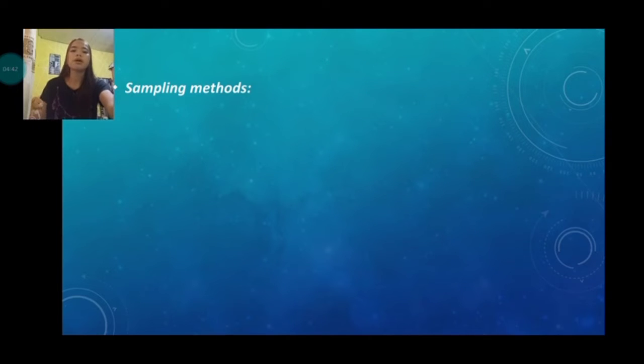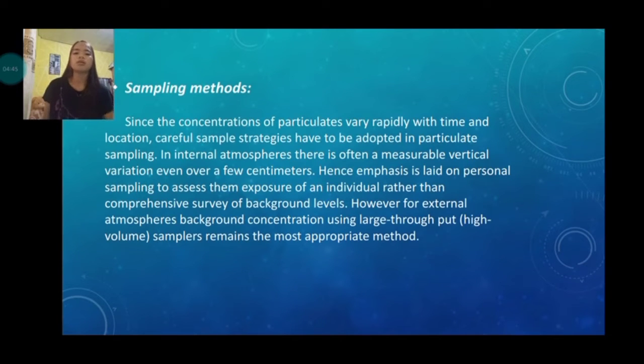For the sampling methods, since the concentrations of particulates vary rapidly with time and location, careful sampling strategies have to be adopted in particulate sampling. In external atmospheres, there is often a measurable vertical variation, even over a few centimeters. Hence, emphasis is laid on personal sampling to assess the exposure of an individual rather than a comprehensive survey of background levels.